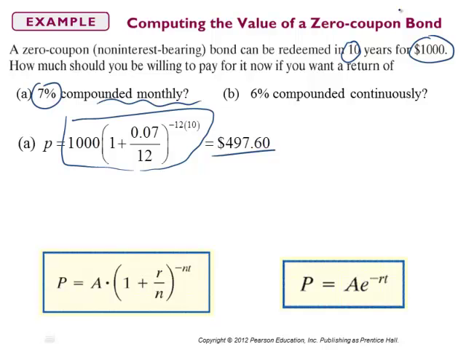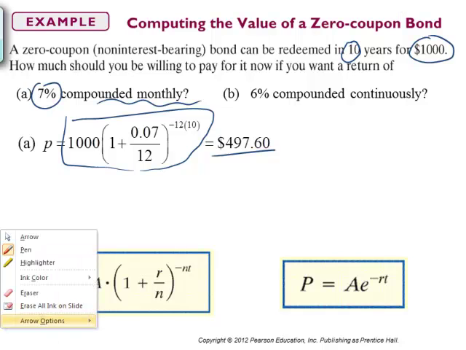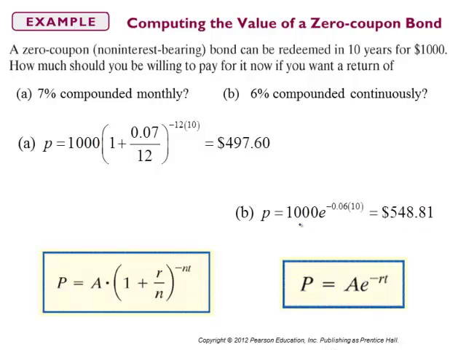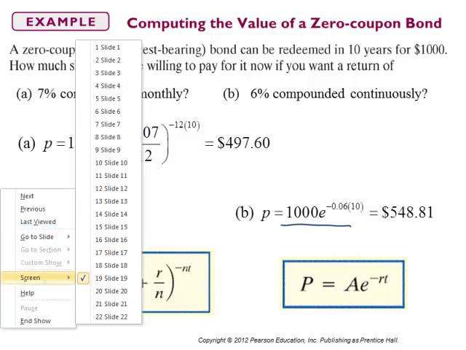Okay. With part B, where we have continuous compounding, we'll just have the more simple formula for the present value, where we plug in 1,000 for A and 0.06 for the interest rate R and 10 for T. And I'm going to pull up my calculator here.